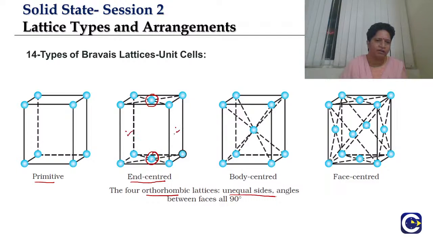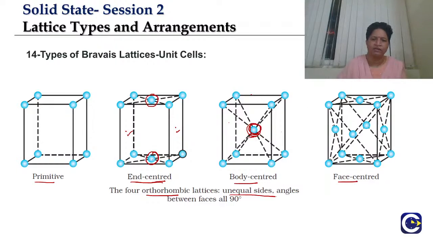These two sides may have them, or one on top and one below. We call it end centered. Then body centered, you can see the center of the body, with all the faces, and there is one at the center of the body.